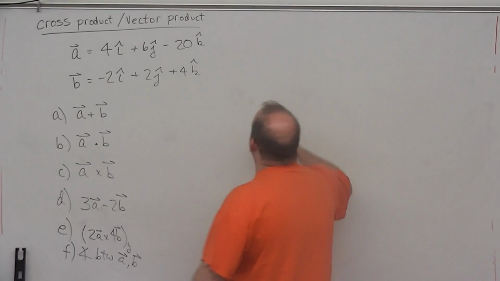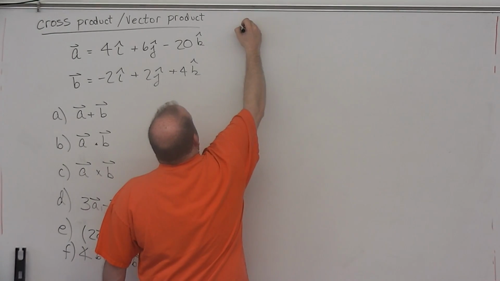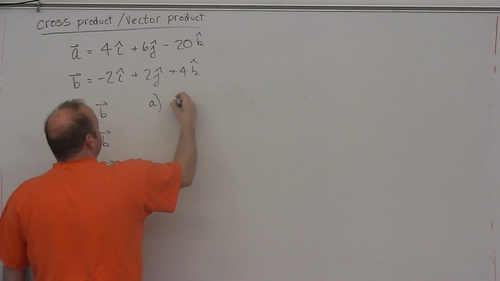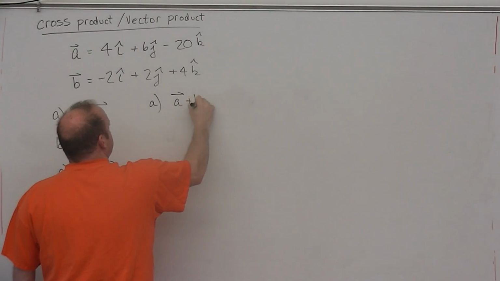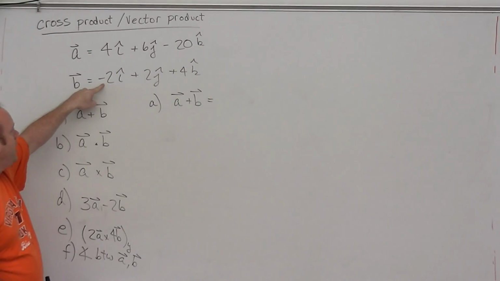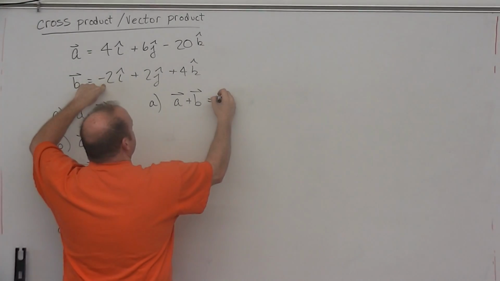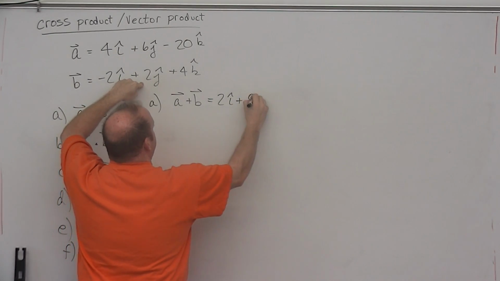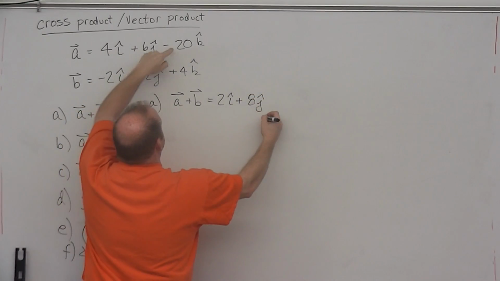So now, A plus B. I'm just going to take the x components and add them: 2i hat. Add the y components.